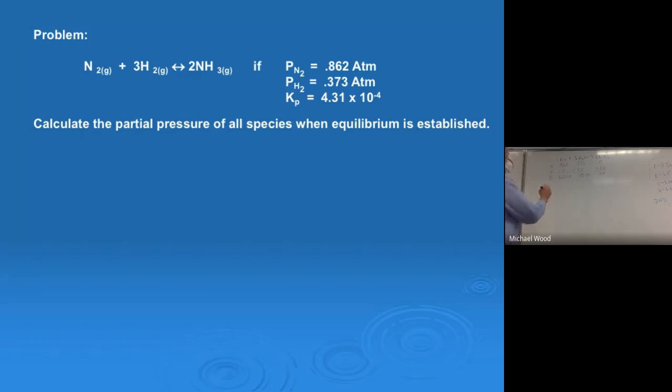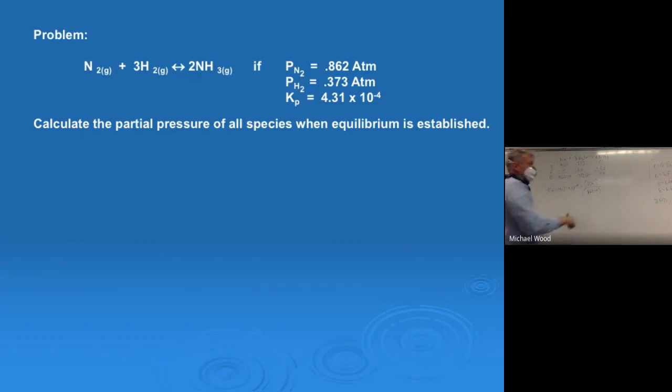So the KP, which they give us, is 4.31 times 10 to the negative 4th. I told you the fire swamp. This could really look fire swampish, which means a scary place. So I'm just plugging in.